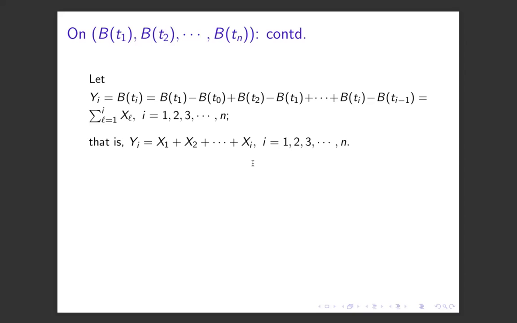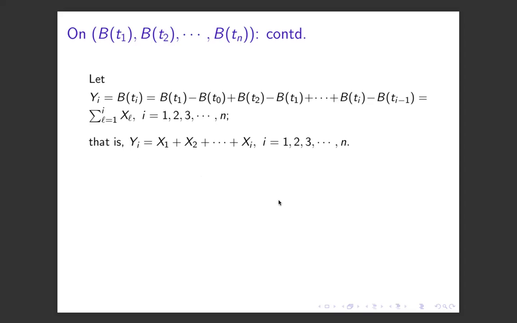That reminds us of something which we had done earlier in the course concerning the waiting times of the Poisson process. There, if you remember, we could find the distribution of the n-dimensional random variable (W1, W2, ..., Wn), and from there we came to each of these A1, A2, ..., An. Remember, Ai was Wi minus Wi-1. So in our analysis there, we went back from knowing about yi to xi.